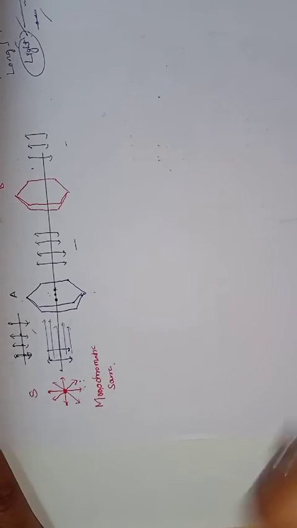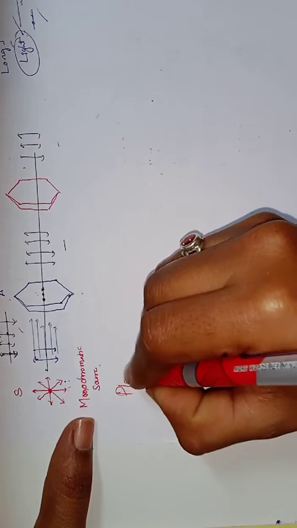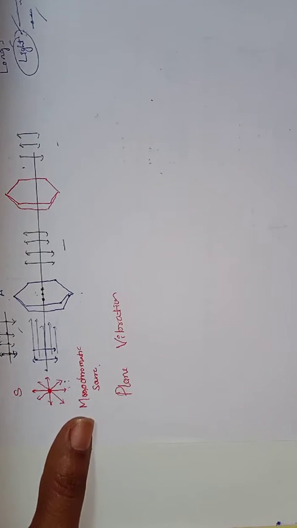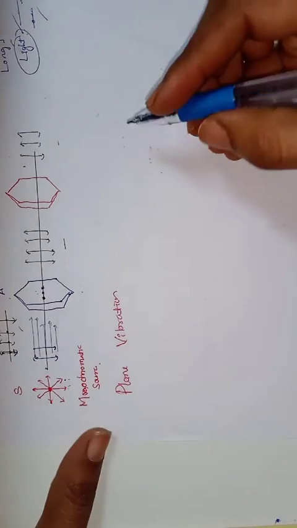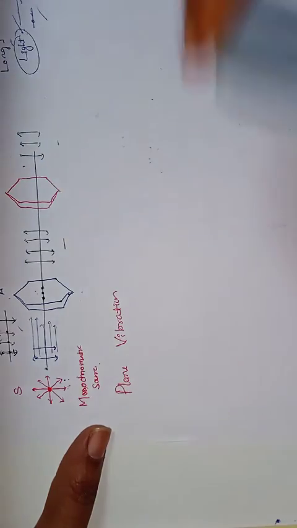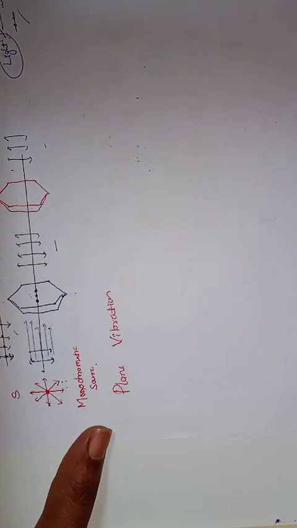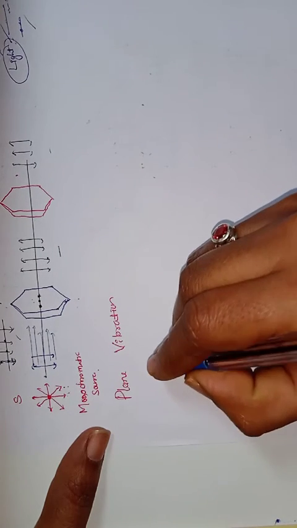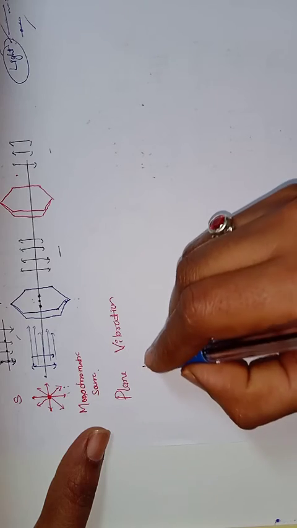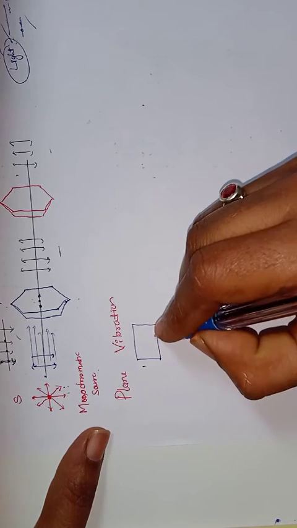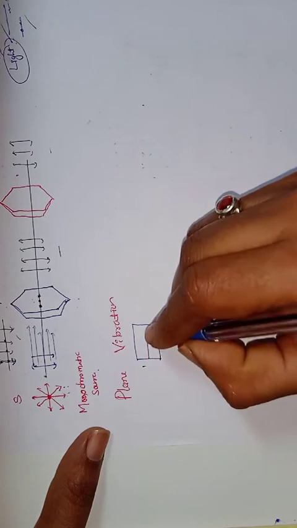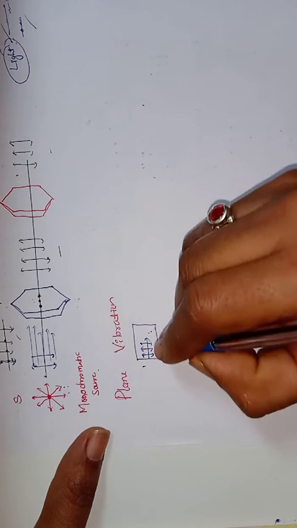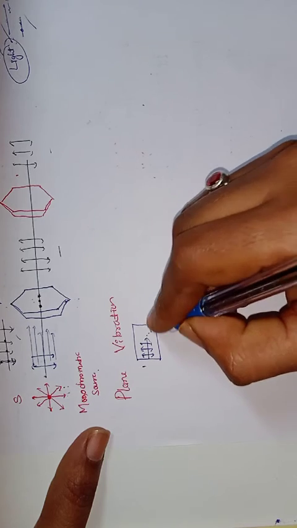Let's see what plane of vibration is. The plane of vibration is the plane which contains the direction of vibration of the polarized light.